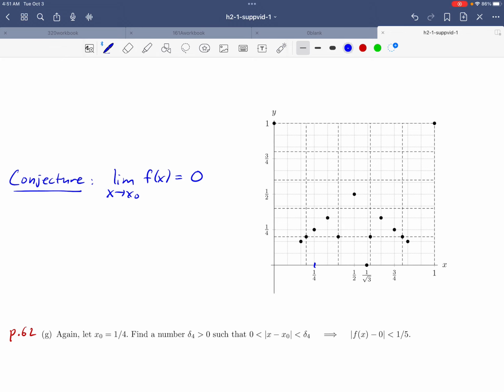Okay, let's draw that epsilon neighborhood into our picture. So 1/5 would be right here along the dotted line. Let's draw that in, and then negative 1/5 is down here.